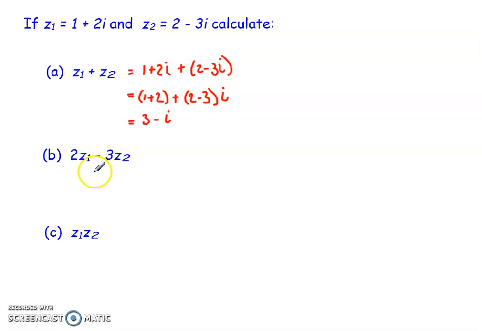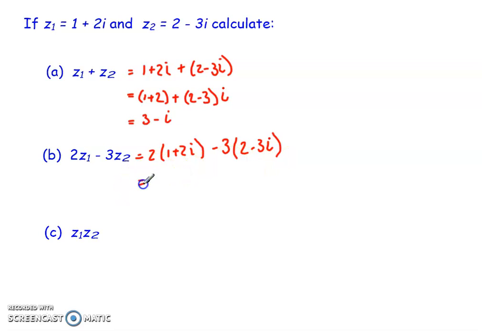Second one was this calculation here, 2z1 take away 3z2. We can subtract them, we've covered that already, but 2z1 is simply 2 times that, and 3z2 is simply 3 times that. So that would be our first step. So 2 times 1 plus 2i, take away 3 times 2 minus 3i.